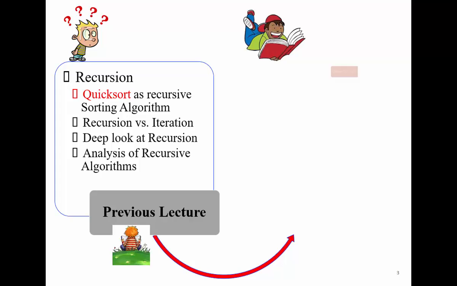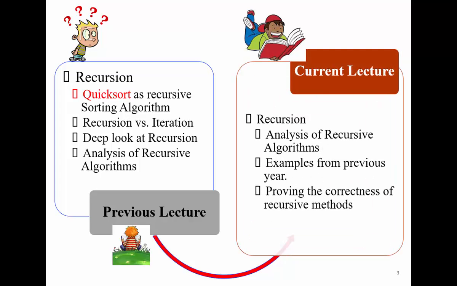Today we will continue discussing analyzing recursive algorithms and how we can start from a Java implementation for a recursive method and extract the recurrence relation. And from the recurrence relation, we expand it to find the time complexity of any particular recursive algorithm. Also, I brought today some examples from previous years.